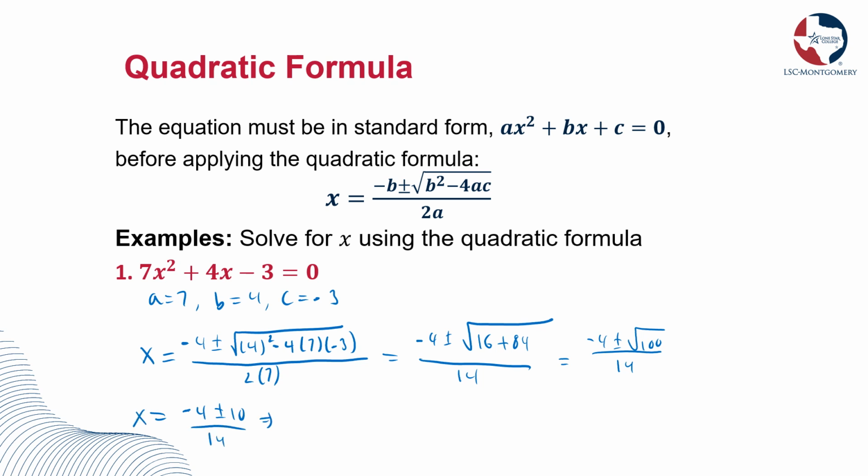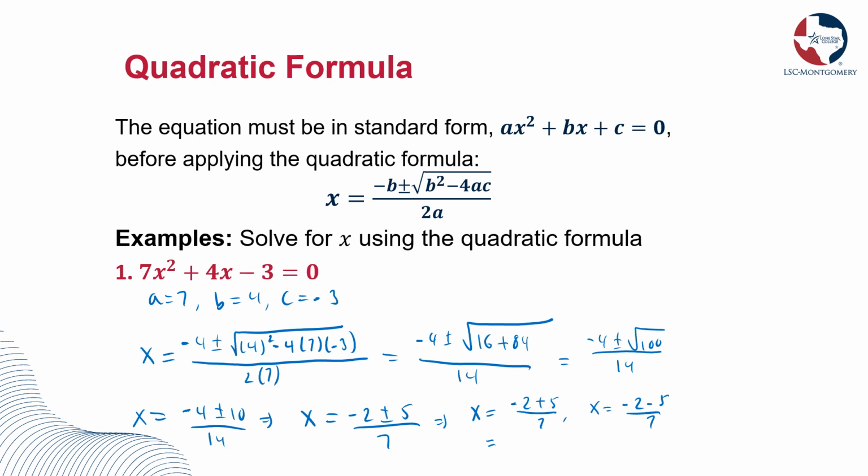So lastly, we can simplify it by dividing each term by 2. x will just be negative 2 plus or minus 5 over 7. That means that we can split this into negative 2 plus 5 over 7 and negative 2 minus 5 over 7.